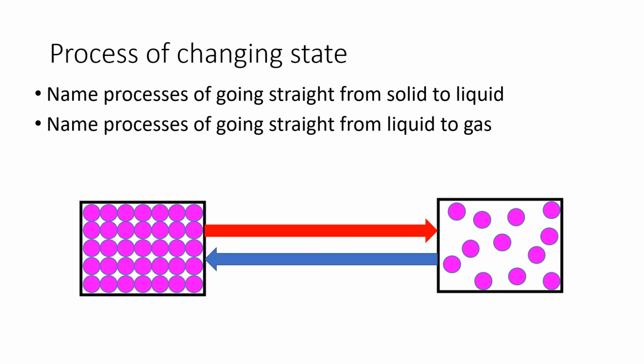Now, there are specific instances when you can go straight from a solid to a gas and straight from a gas to a solid. Now, the two processes involved are deposition and sublimation. For most GCSE courses, you only need to be aware of sublimation.